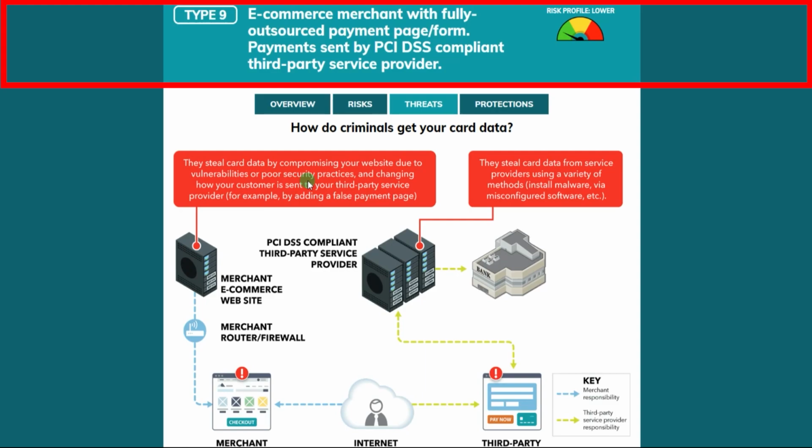And something that you could see here is, for example, cross-site scripting. You are going to pay for the goods or services that you think you're paying for in that particular website of the merchant.